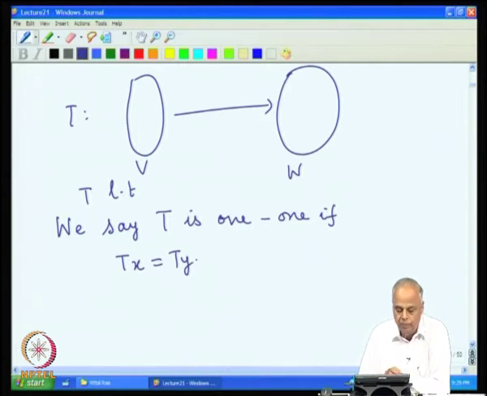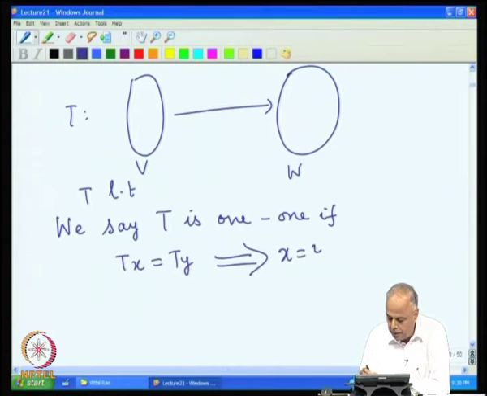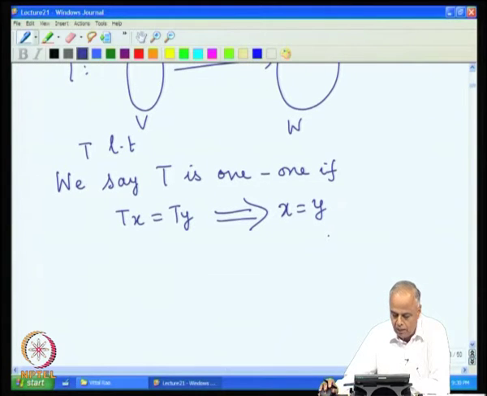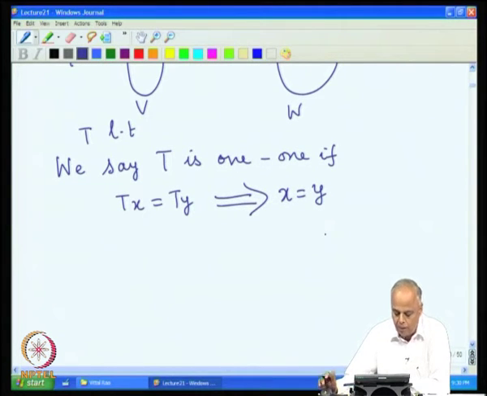That is, if the two images are the same, then the corresponding pre-images must be the same. T x equal to T y if and only if x is equal to y. Then we say T is 1-1.